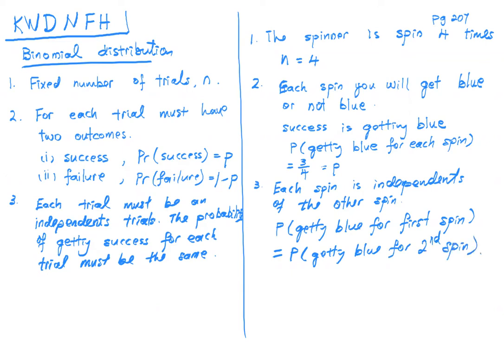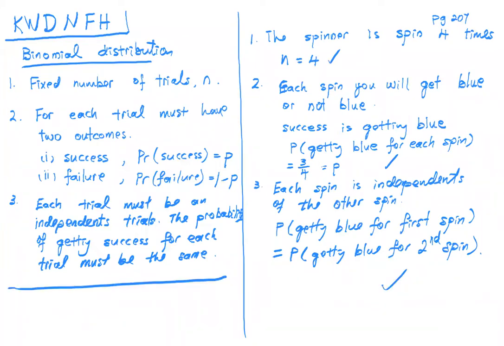So in order for something to be a binomial distribution, it must fulfill these three criteria. And every time I ask you for the criteria, you must specify according to the question given. You cannot give me a general statement.